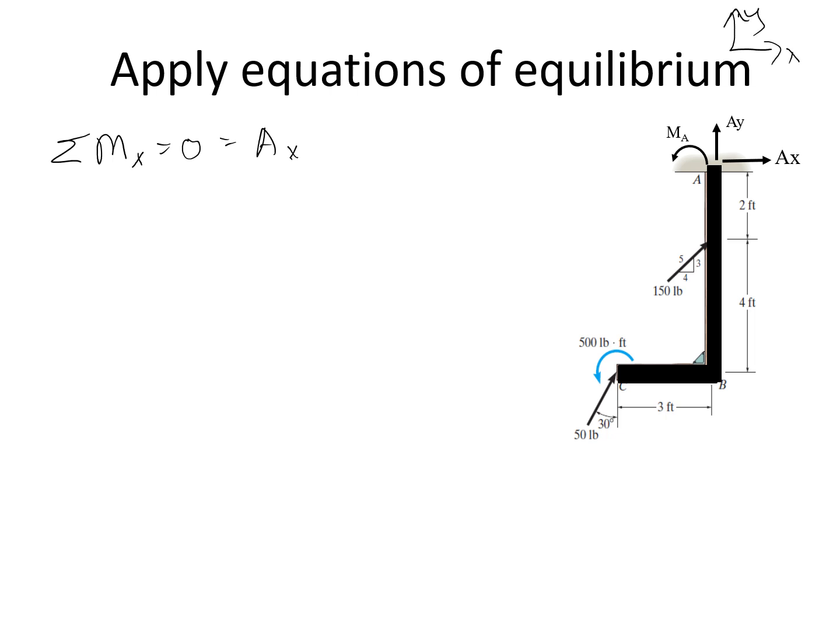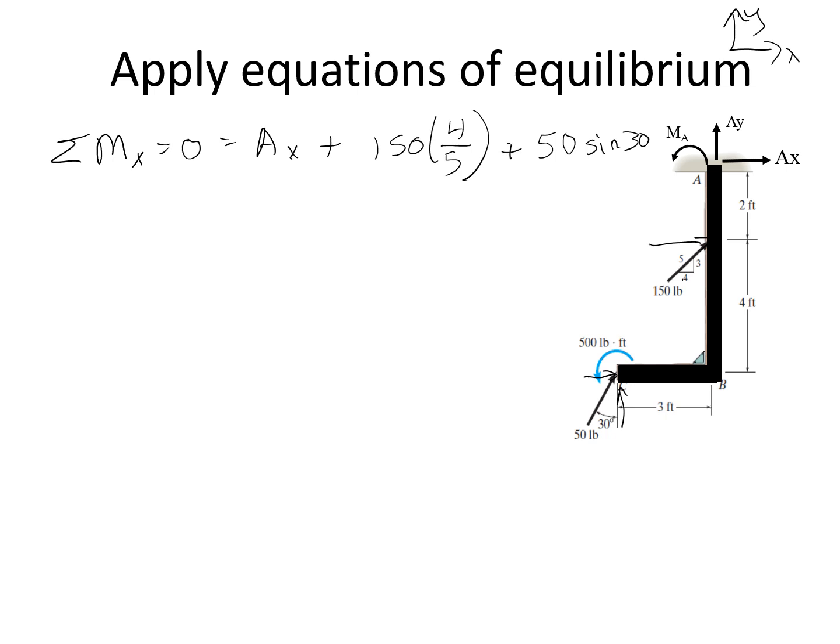So AX plus, I have this 150 pound force, and the X component of that will be 4 divided by 5. And then I have this 50 pound force, and we have 2 components of that, so that will be also in the positive direction, so 50 pounds times the sine of 30, and that will also be positive.